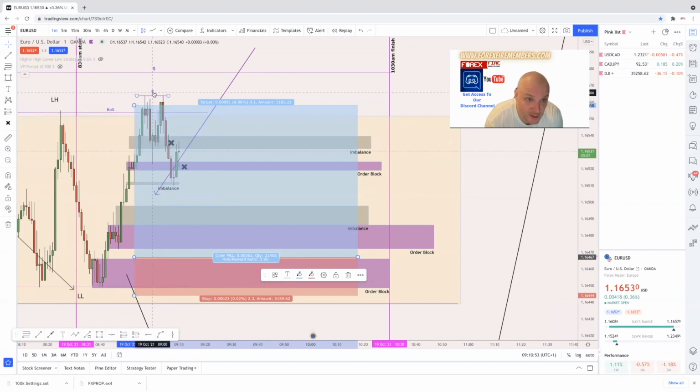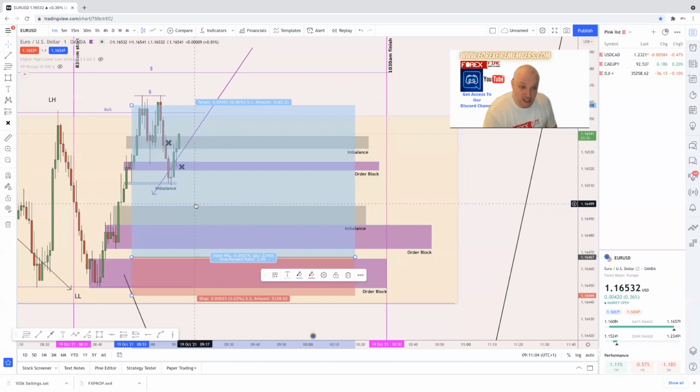Practice and identify these separate areas and how price is coming in to do the mitigation, how price is reacting from these areas. Maybe put a supply and demand area in there as well, because the more repetitive you get on doing this, the more your eyes are going to open up and you're going to see price action for what it is and what it does.